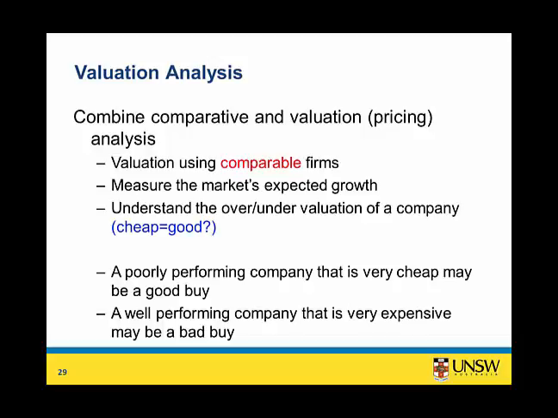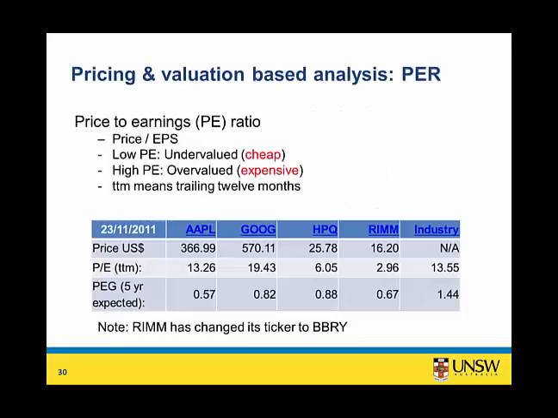This suggests that the company is comparatively undervalued and it might be a good buy. The alternative is if the PE is high, it's an expensive share. It may be a bad buy. So we're going to use the PEs. So here we have some PEs that are taken from Yahoo as well as some other information.